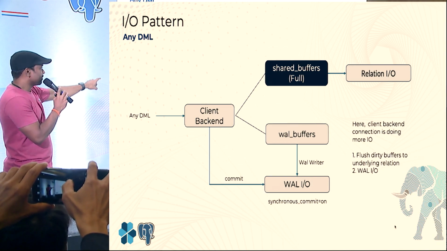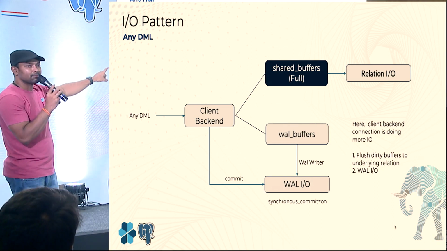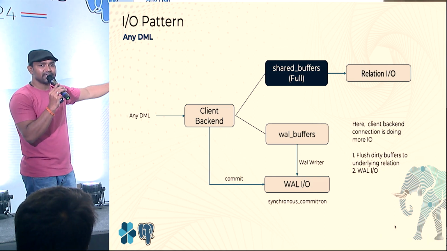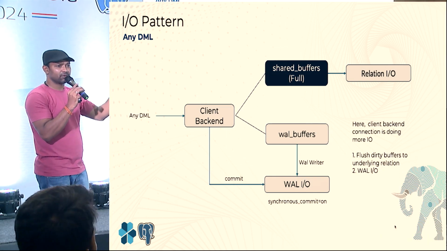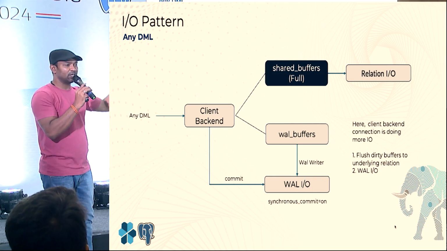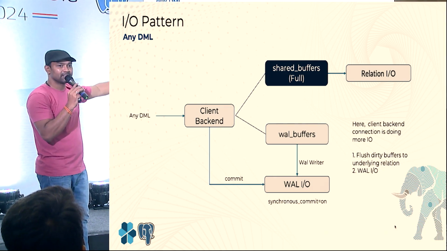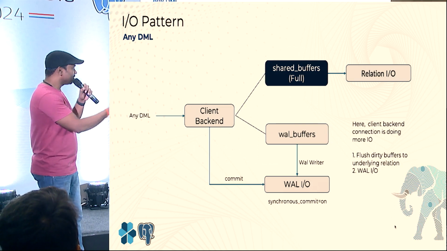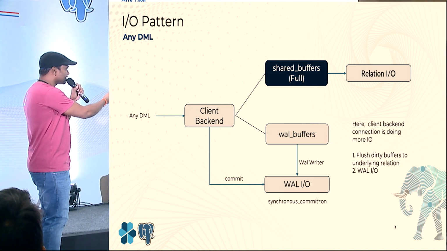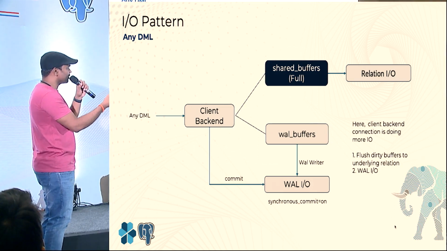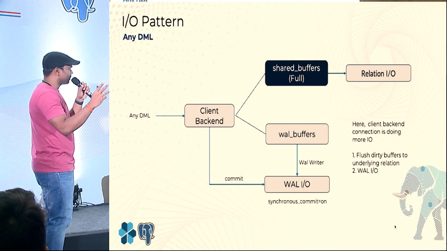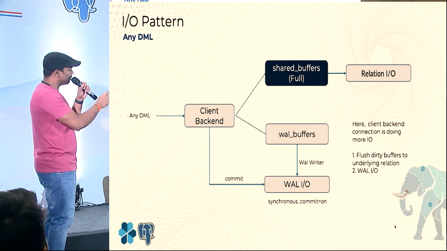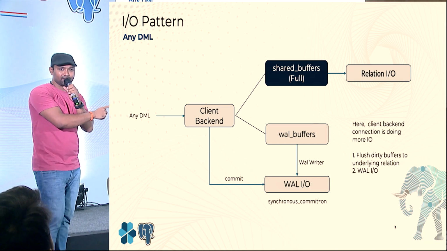So there, the client backend is indirectly doing some I/O, because it has to put the data it is inserting, like A or B, into memory, but there is no memory for it. So it will flush some of the data to the underlying disk. And eventually we have the WAL writer. So here the I/O is coming directly from two processes, the client backend and the WAL writer.